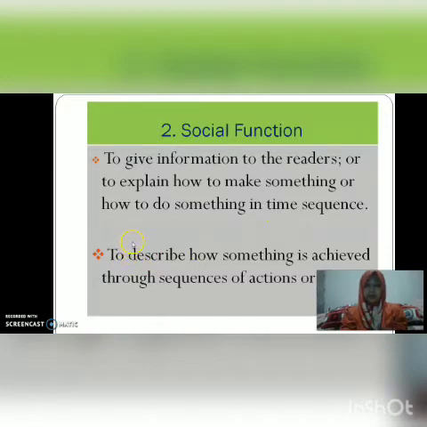In the other hand, social function of procedure text is to describe how something is achieved through sequences of actions or steps.